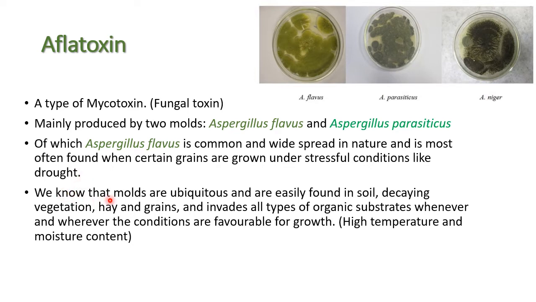We know that molds are ubiquitous, that is they are present everywhere and are easily found in soil, decaying vegetation, hay and grains. Hay is dried grass. They invade all types of organic substrates whenever and wherever the conditions are favorable. So what are the conditions? They need high temperature and high moisture content. That is when they grow very easily and can spread throughout your crop.